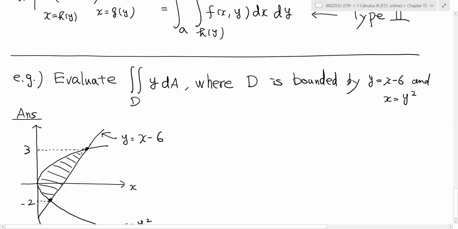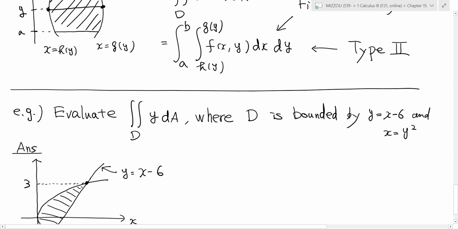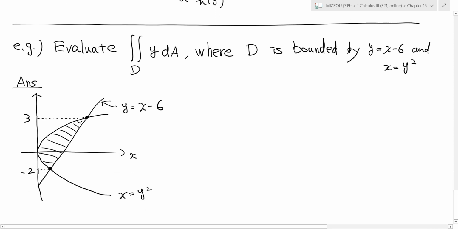Okay, so that means you fix y first and you integrate with x. So you fix y and you integrate with x, and that's going to be from here to here. So you have to solve this for x. This is x equals y plus 6. And then this is already solved for x.